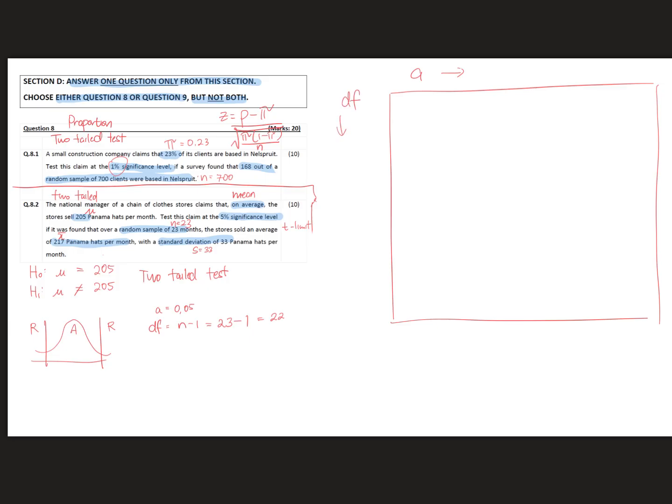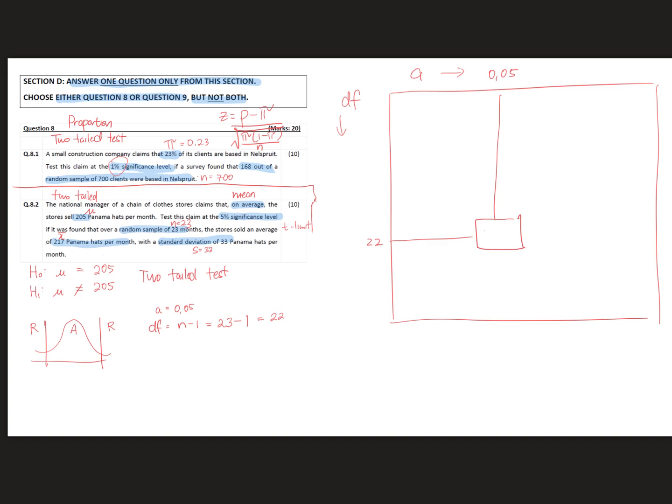So your degrees of freedom is 22. You're going to go all the way down to 22, and your A value is 0.05. So you're going to locate 0.05 going across. In line with the 22 and the 0.05, you're going to find your critical limit.